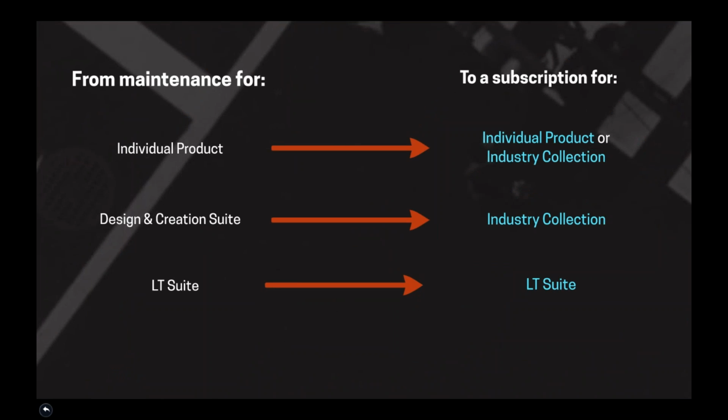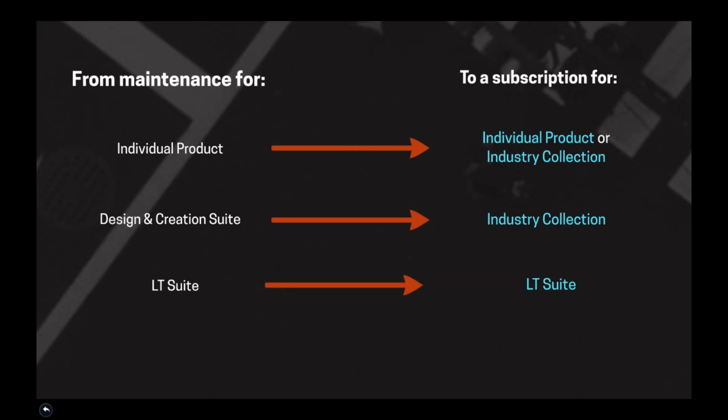So how is Autodesk going to encourage you guys to migrate to subscription? Well, they're going to give you the opportunity to move to a term-based license at the same cost as your current perpetual maintenance rate, and by locking in that pricing for 3 years. You'll have the ability to migrate from an individual product into a subscription of that same product or the industry collection.